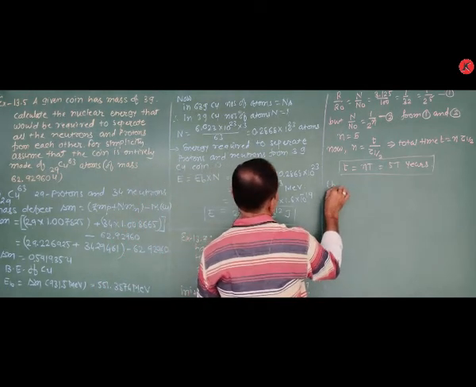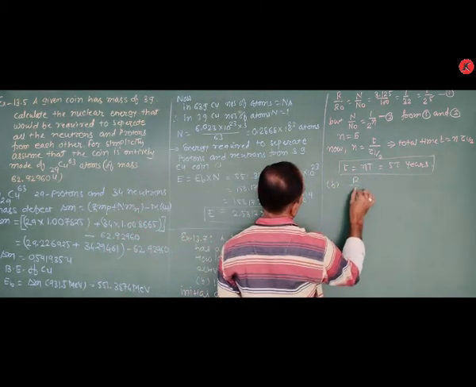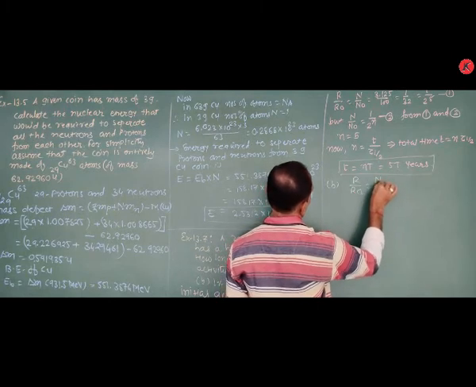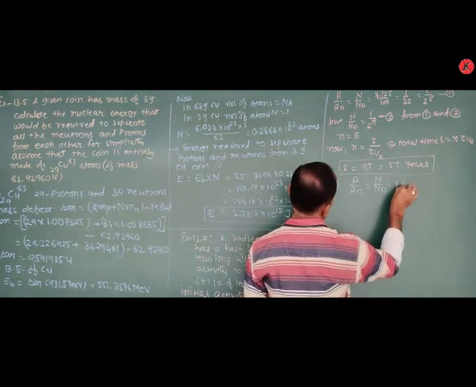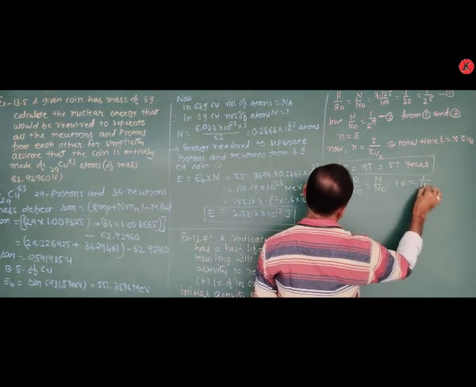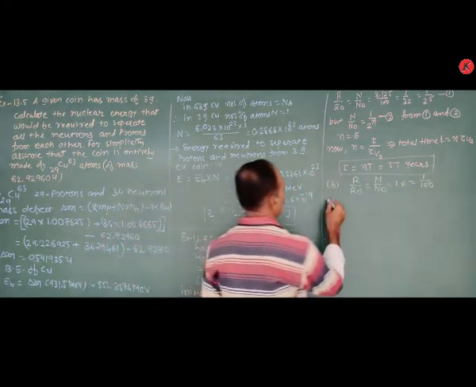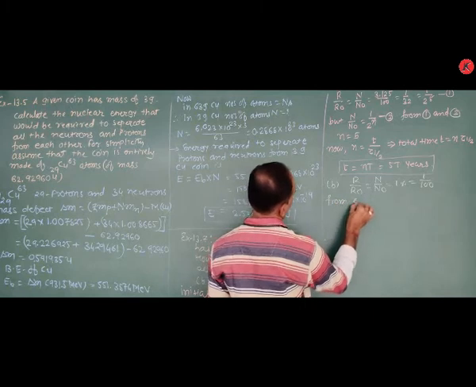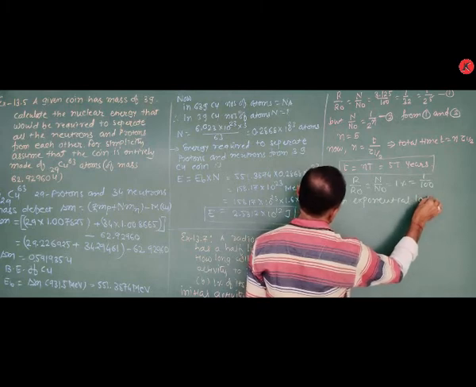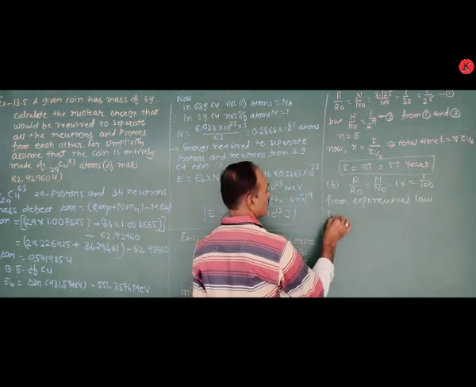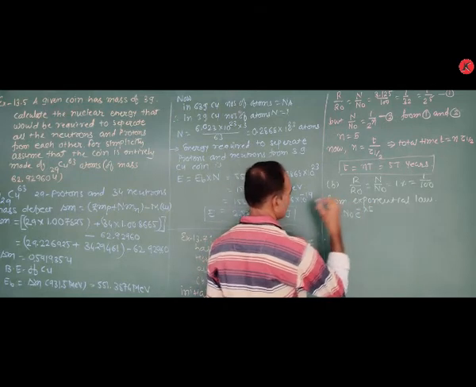Now, B part is again R upon R0 is equal to n upon n0 is equal to 1%, equal to 1 by 100. Now, from the exponential law, n is equal to n0 e to the power minus lambda t.